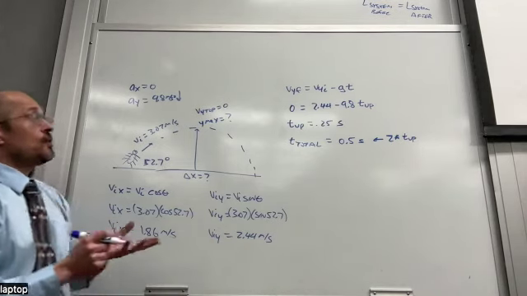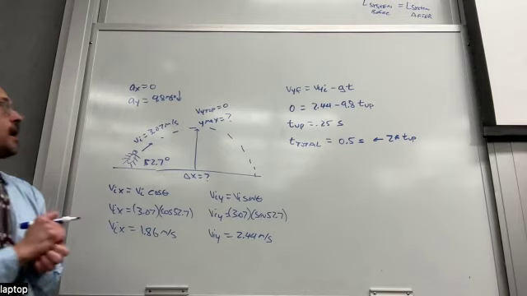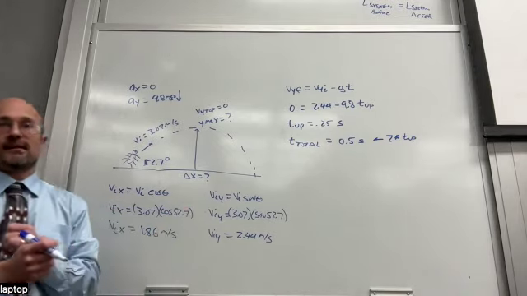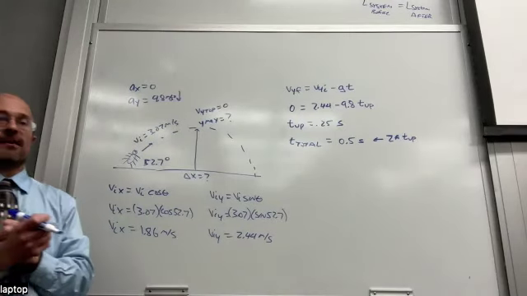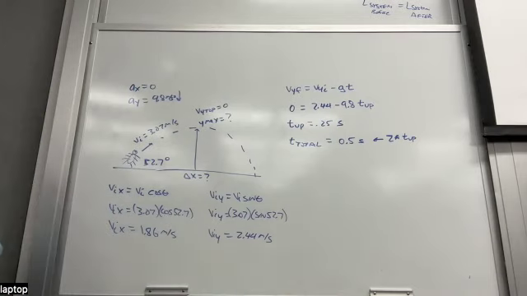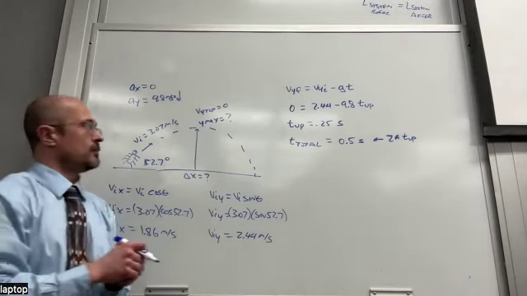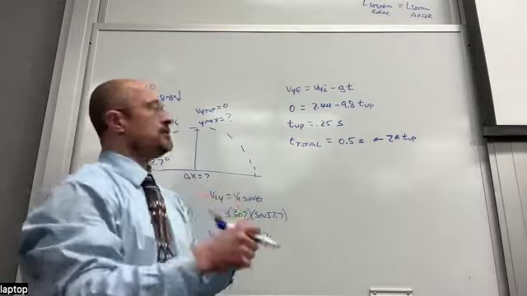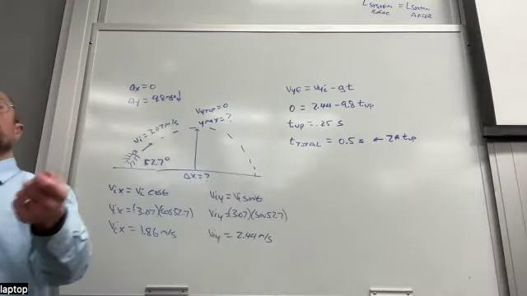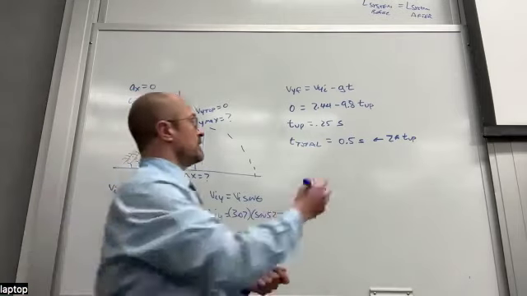Now we have our choice of equations to find y max. We can use either delta y equals Viy t plus 1/2 ay t squared, or V final squared equals V initial squared plus 2 ay delta y. I think we should use the time independent one, because if we made a mistake on the time, we might propagate it into the next calculation.